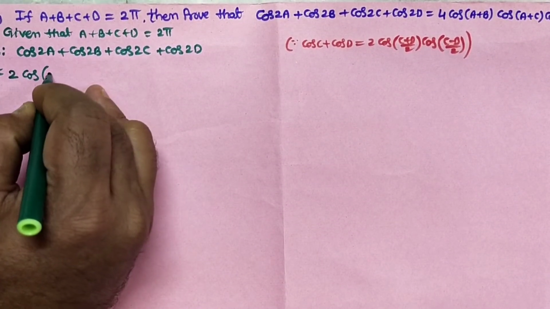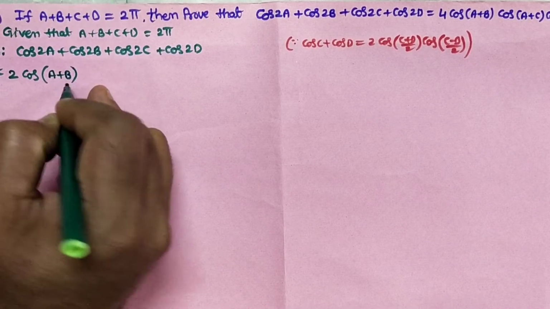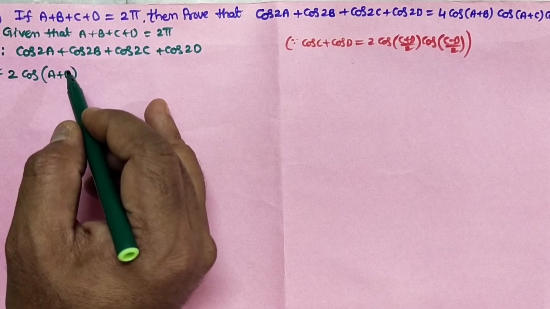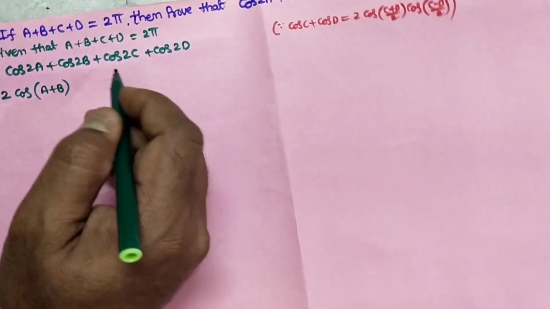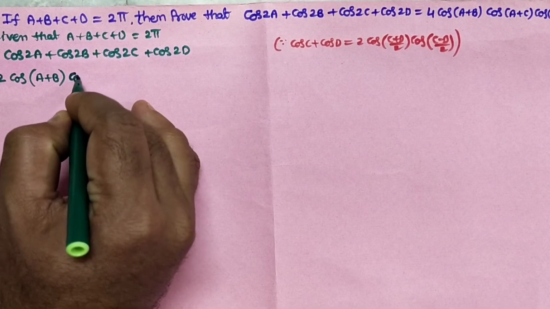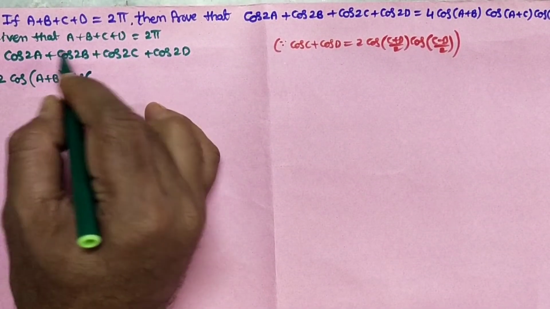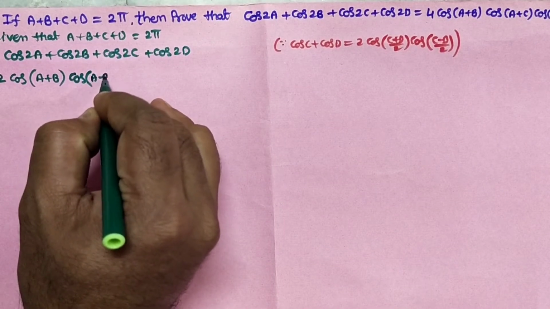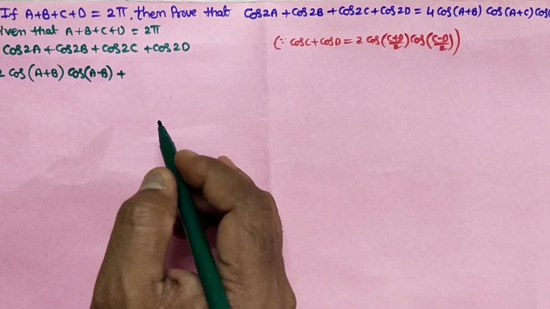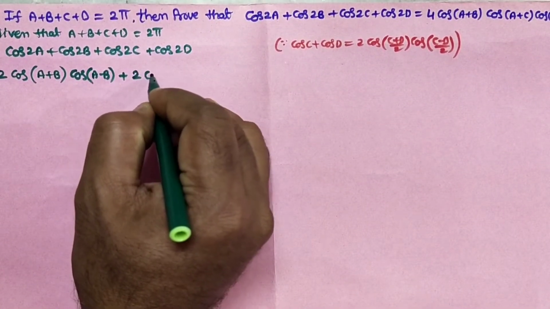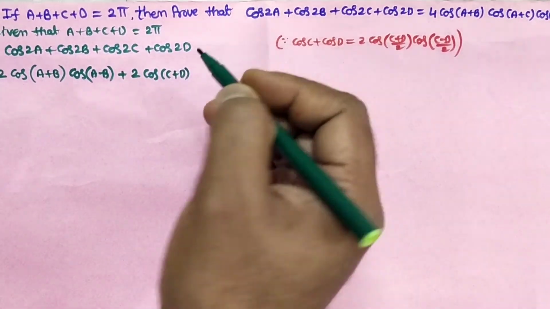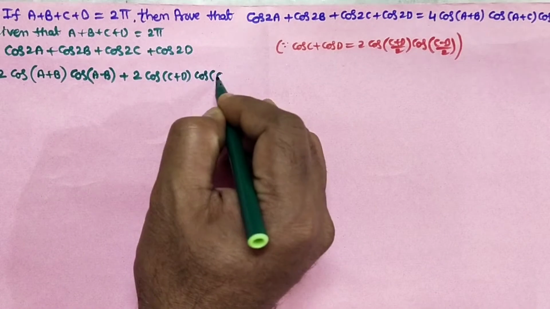Taking 2 common in the numerator, 2 gets cancelled, directly I am writing a plus b. Now cos of (2a minus 2b) by 2 means a minus b. Similarly, cos 2c plus cos 2d is equal to 2 cos (c plus d) into cos (c minus d).